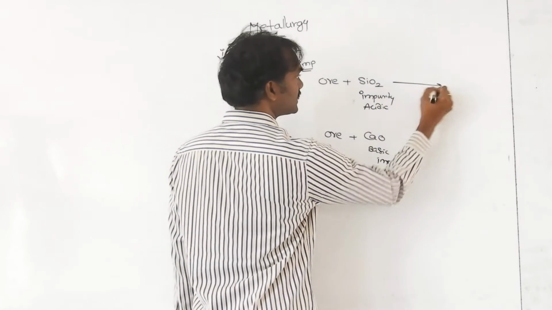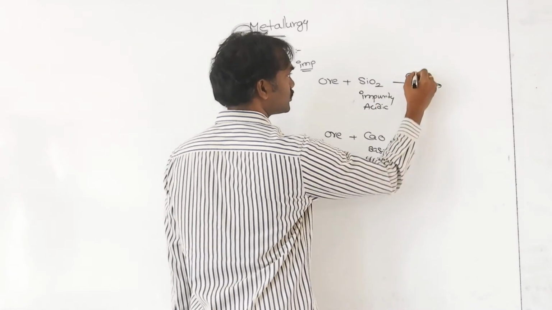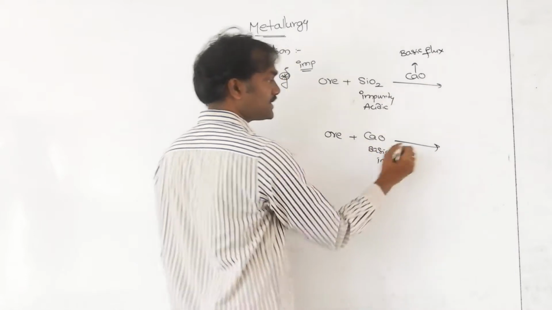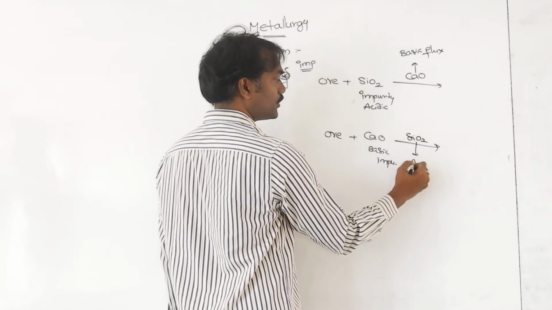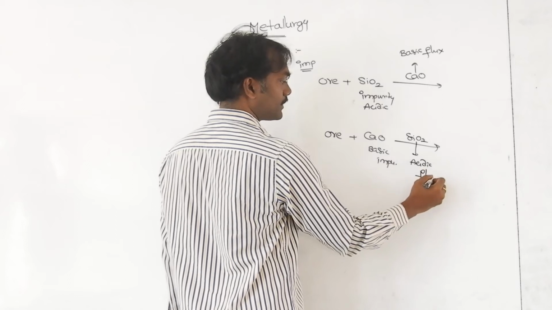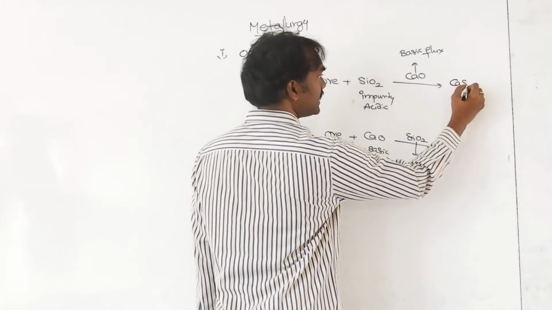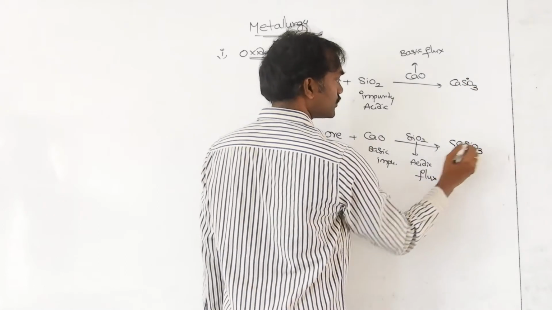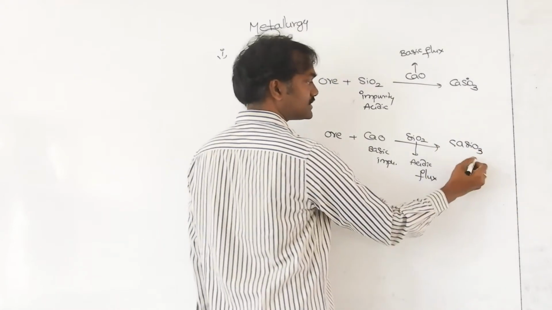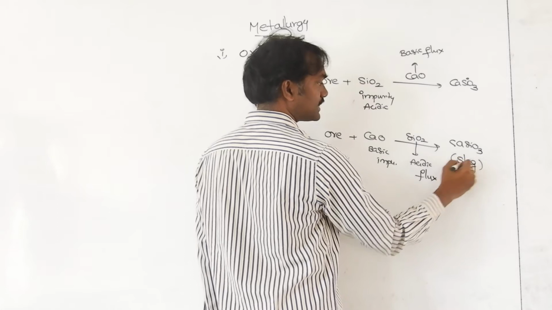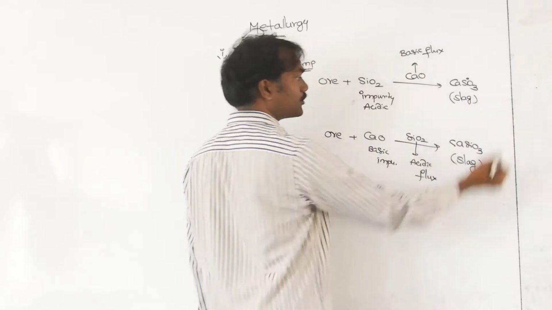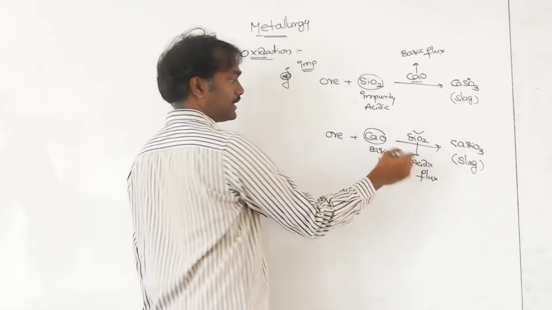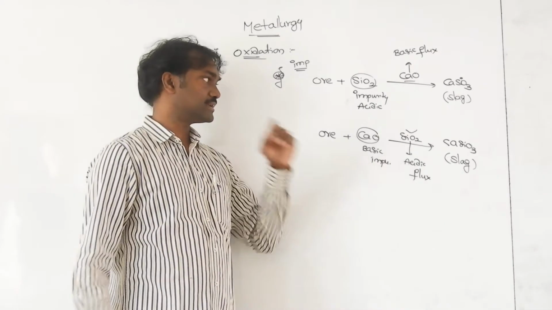This is treated with calcium oxide, so this is called basic flux. If basic impurity is there, we add SiO2; this is acidic flux. Then what happens? CaSiO3 forms. That waste, which we call slag, is eliminated outside. So based on the impurity, which compound we add is also very important.